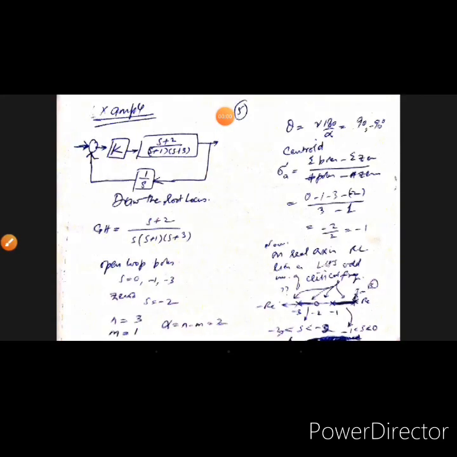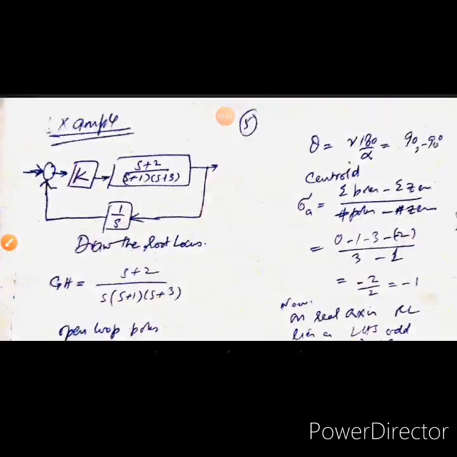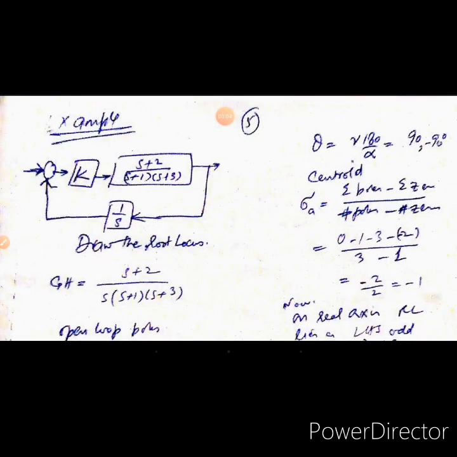Here let's solve another example. In this example we are given this system and we are supposed to make the root locus of this system. The transfer function of the plant is (s plus 2) upon (s plus 1)(s plus 3), and in the feedback we have 1 upon s, an integrator, and there's a negative feedback.